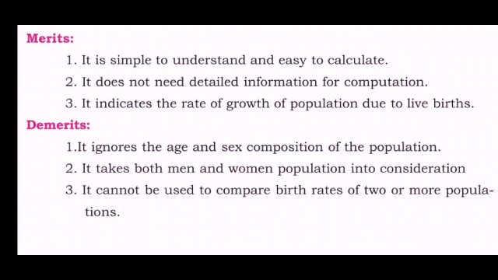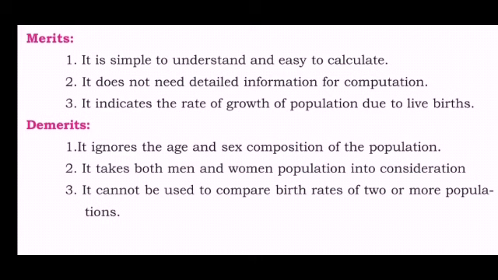So that means compared to last year, this year the birth rate has increased by 50. That is, if you tell in percentages, 50% increased. So that indicates population is growing. So like that, rate of growth of population will be determined by the CBR also.